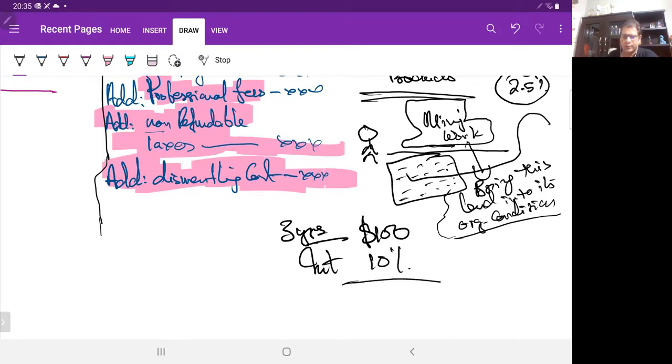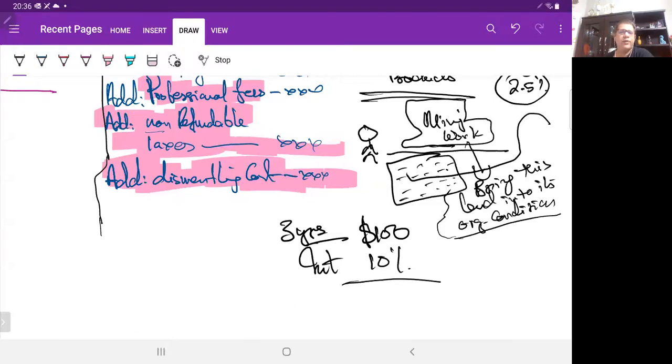So let me take out the calculator. 10% is the interest rate, and we have to pay them $100 after 3 years.